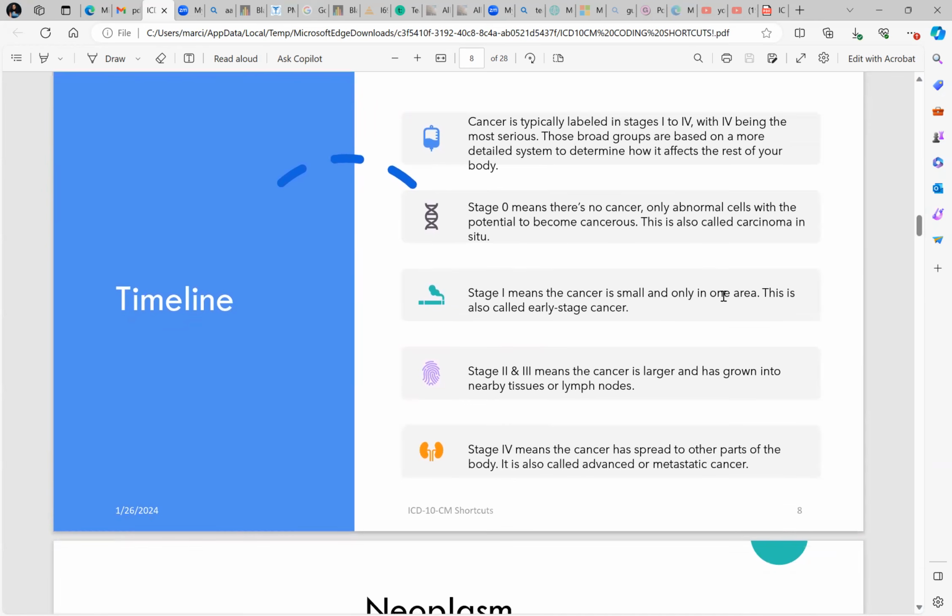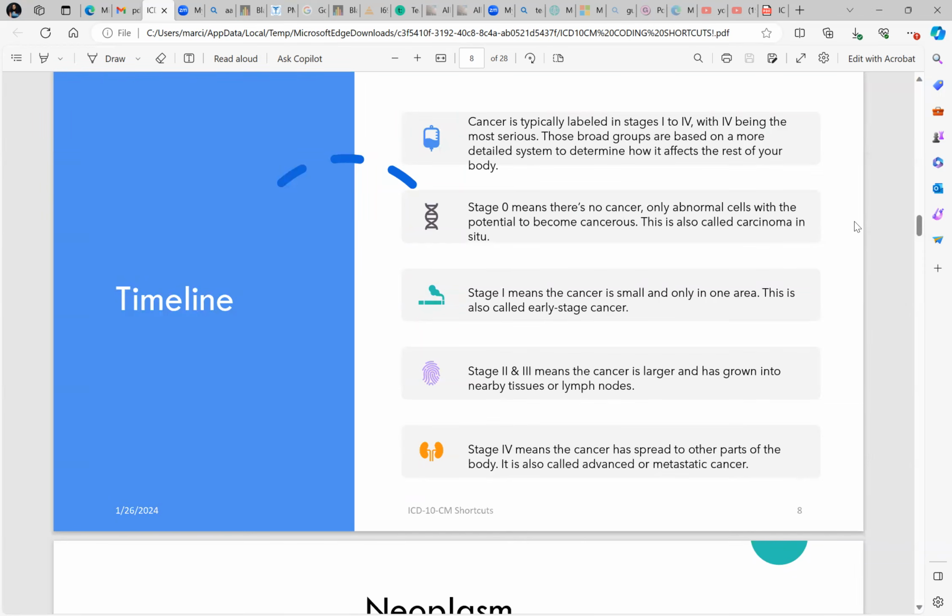Okay. So let's talk about the different stages of cancer. Cancer is typically labeled in stages 1 through 4, with 4 being the most serious. These broad groups are based on a more detailed system to determine how it affects the rest of your body. Stage 0 means there is no cancer, only abnormal cells with the potential to become cancerous. This is also called carcinoma in situ.